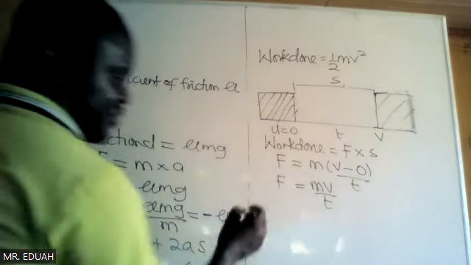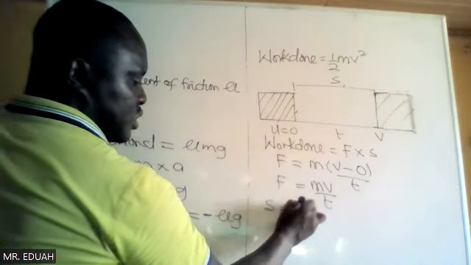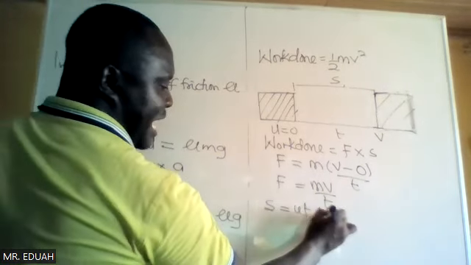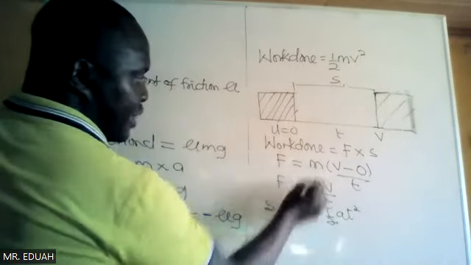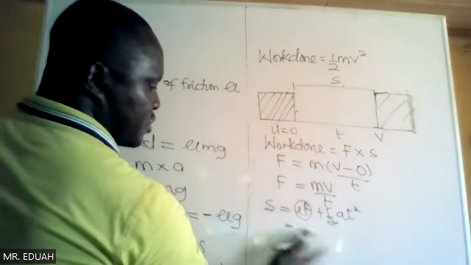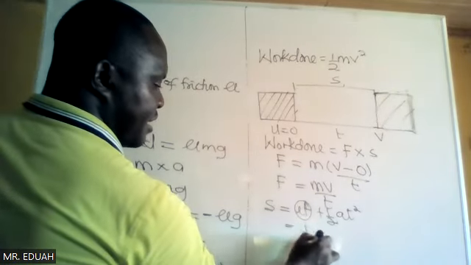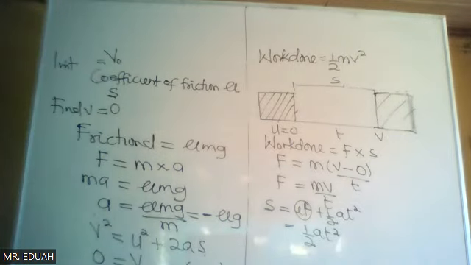What is the distance traveled? Using s is equal to ut plus half at squared. u is 0. So this goes to 0. So straight away we have half at squared.